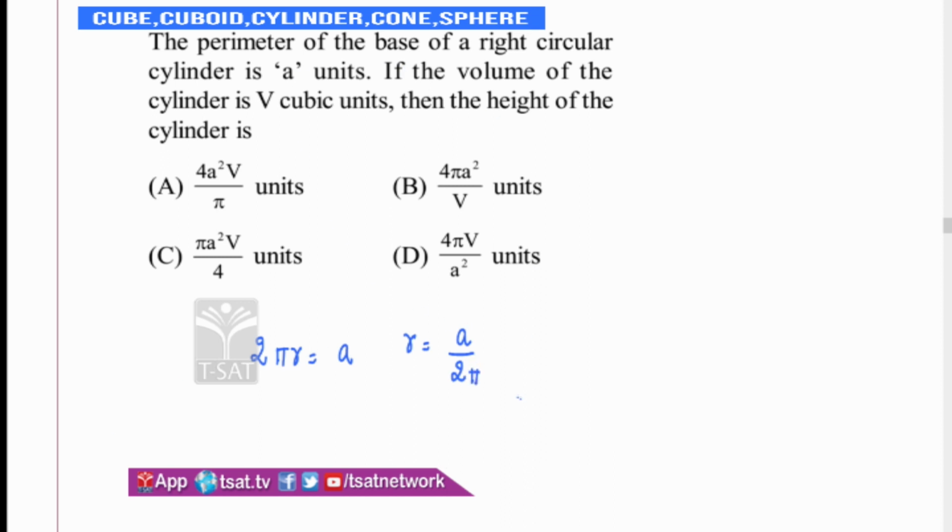Now, volume is V. Volume is pi r square h, where r square is A square by 4 pi square, into h. All you need to find out is the value of h. Pi, this cancels. h is equal to 4 V pi by A square. So the answer is the fourth option.